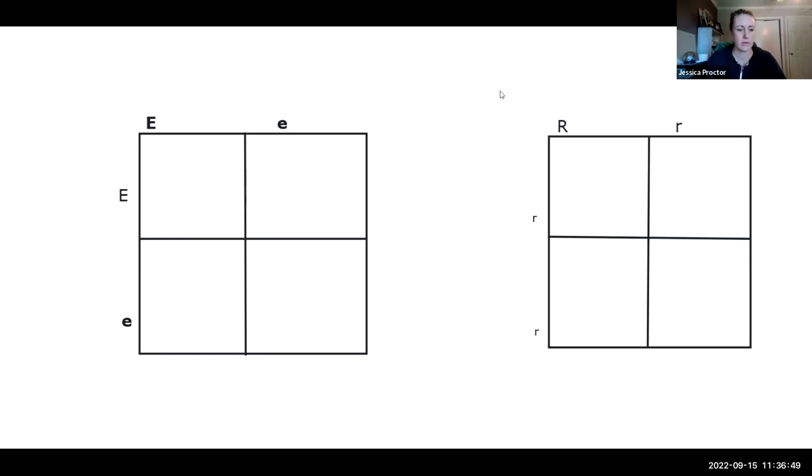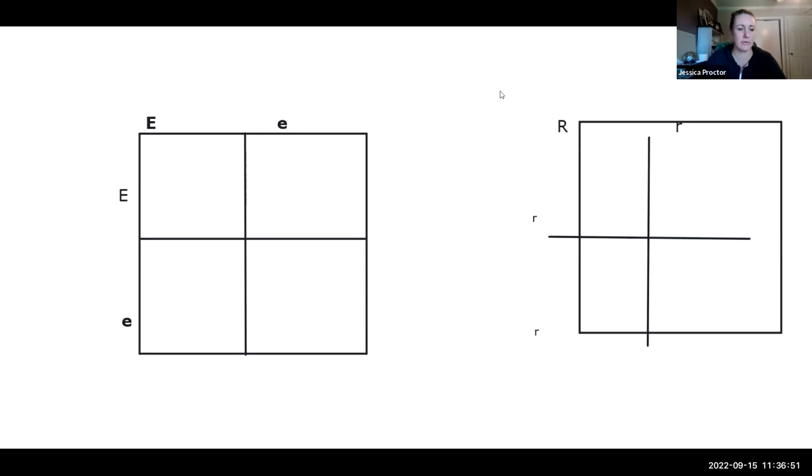For the Punnett square, we're simply going to be putting the parents' genotypes along the top and the side. So in practice problem number 1, we have two heterozygous parents. Both mom and dad are heterozygous for earlobes. That means along the top and along the side, we need to represent mom and dad's genotype with one uppercase letter and one lowercase, just like that.